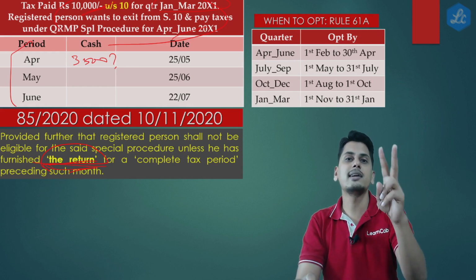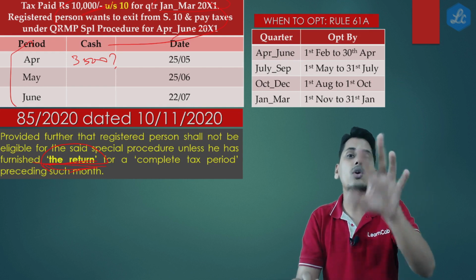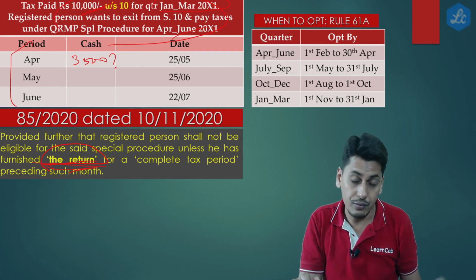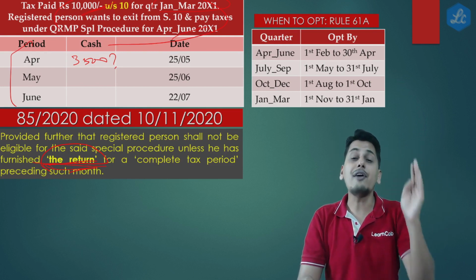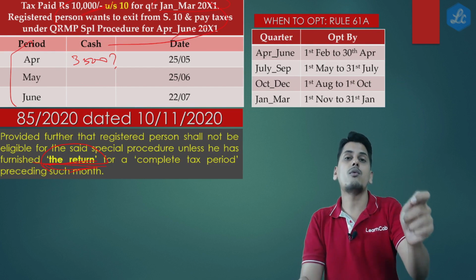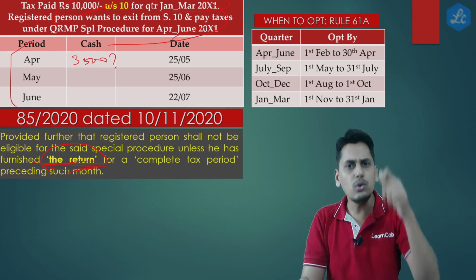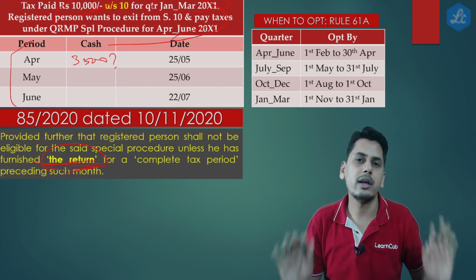Point number 2, past data should be available in comparable terms. Where you have obtained a new registration and still have a time slot to opt for the QRMP scheme, and you come into the QRMP scheme, and then you want to opt for the special procedure fixed sum, since it is a new registration you do not have any past data, so fixed sum is not available to you.